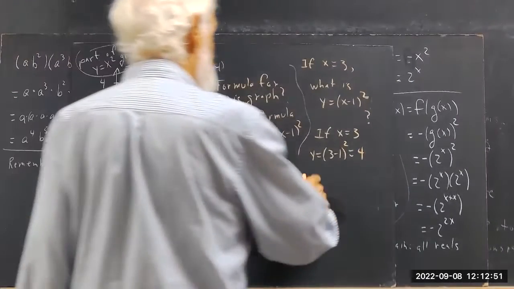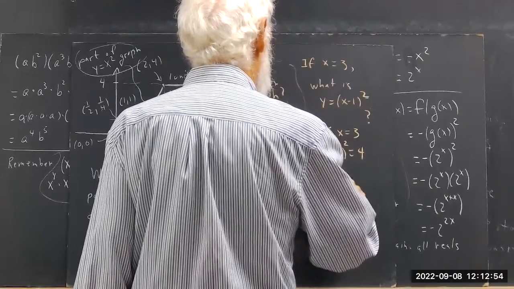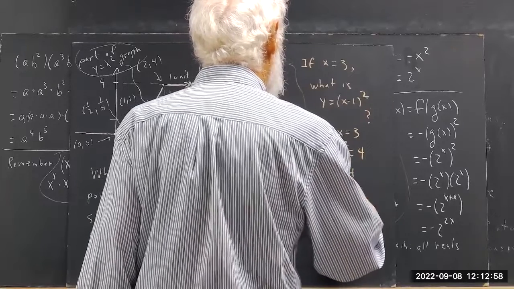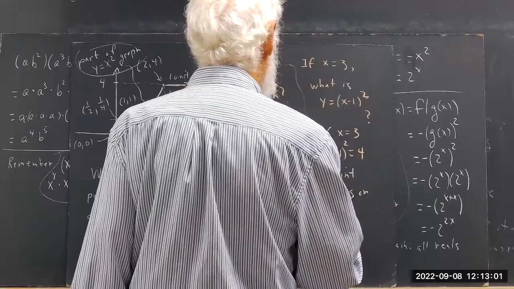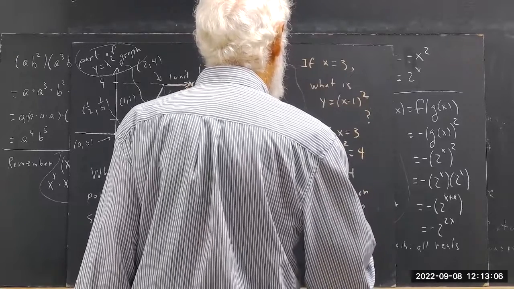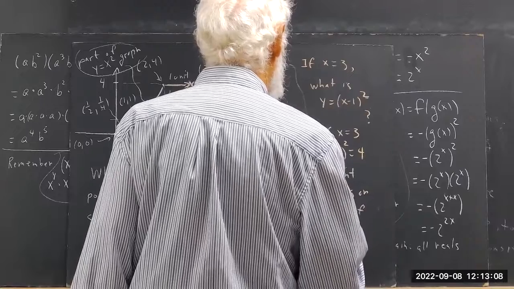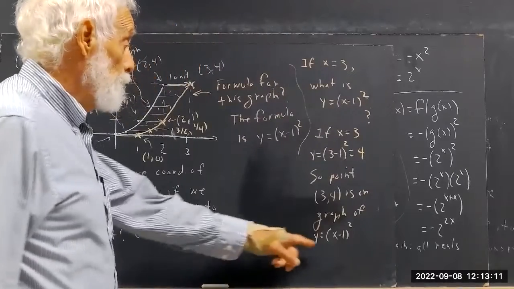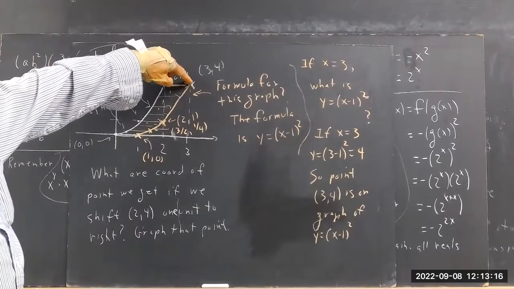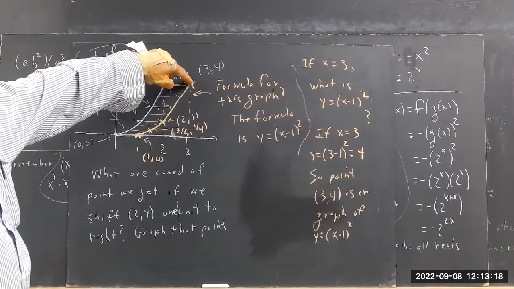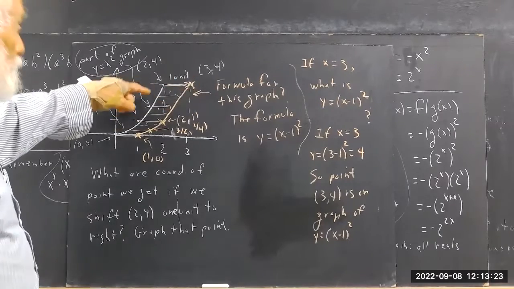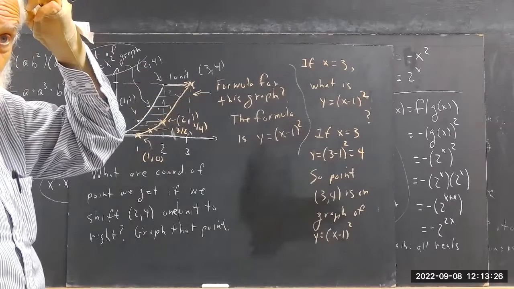So the point (3, 4) is on the graph of y equals x minus 1 squared. (3, 4) is on the graph that we just constructed. So (3, 4) is on the graph of this function shifted 1 unit to the right.